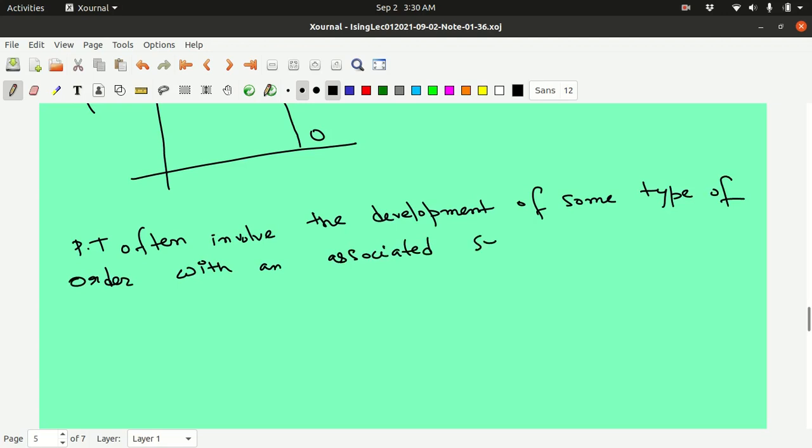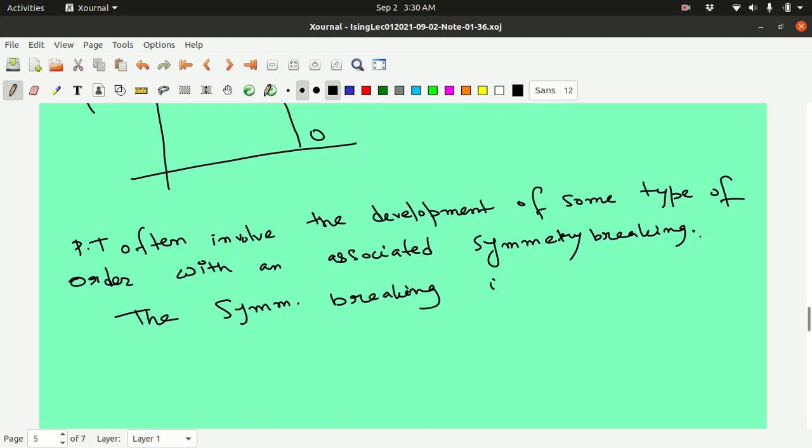So what is symmetry breaking? That we need to understand. And this symmetry breaking is described by the order parameter that I just described.